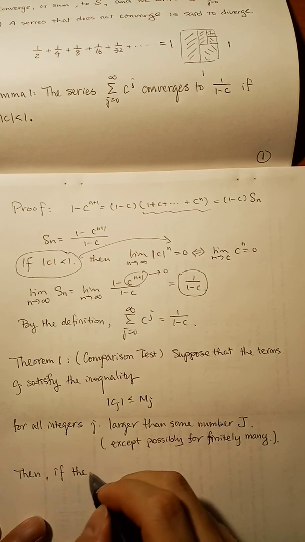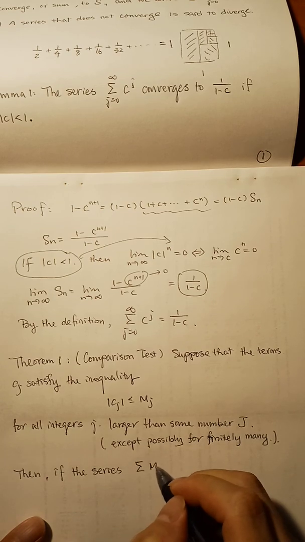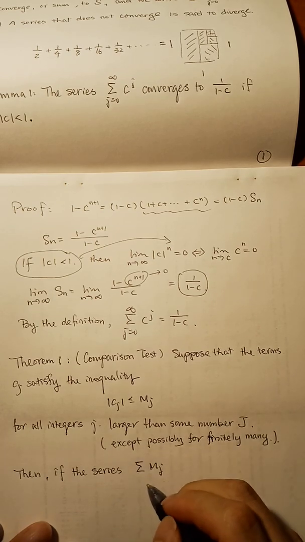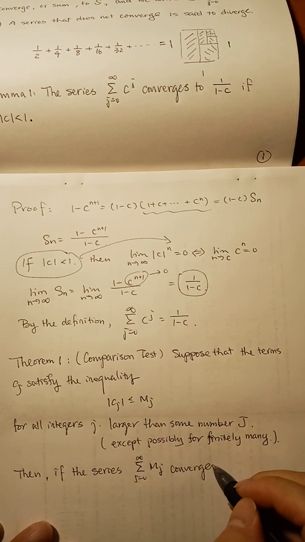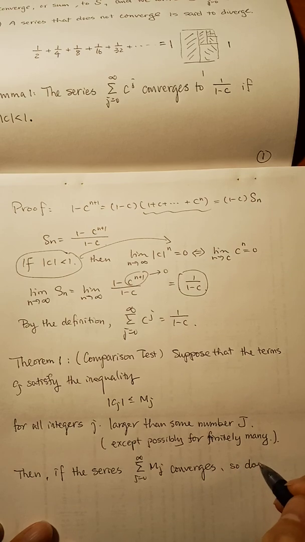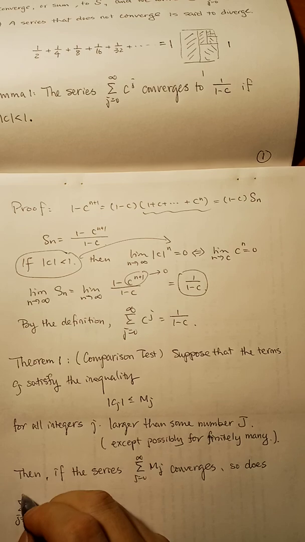if the series Mj, j from 0 to infinity converges, so does the series of Cj.